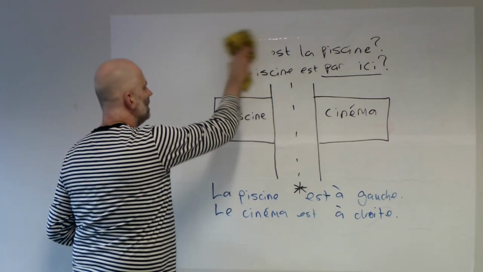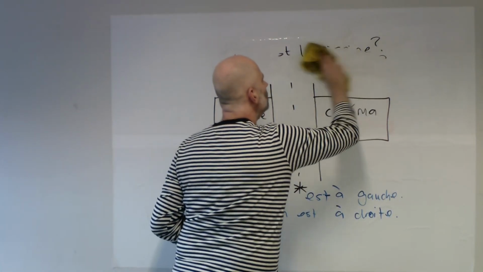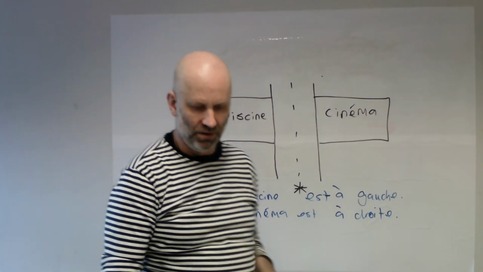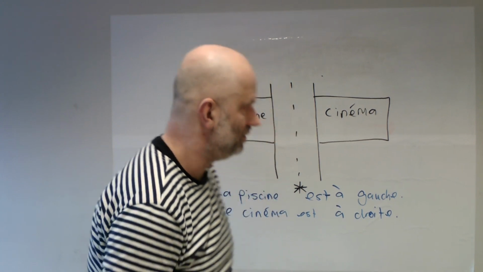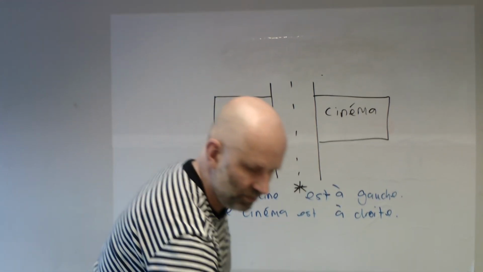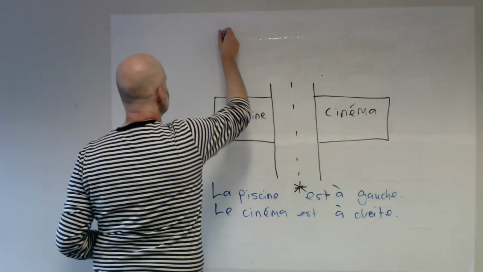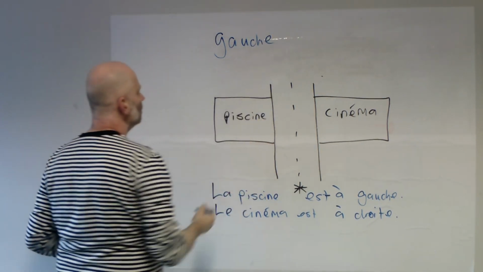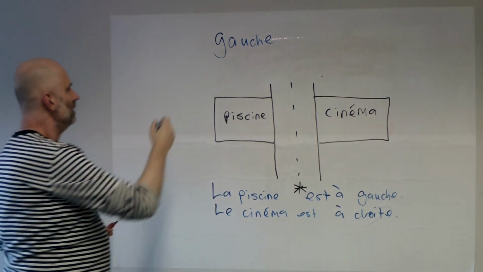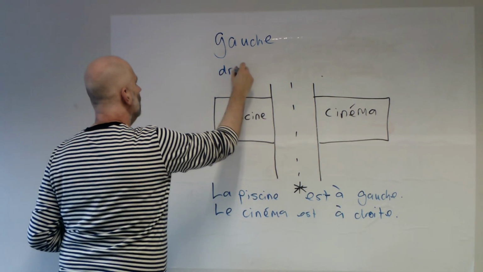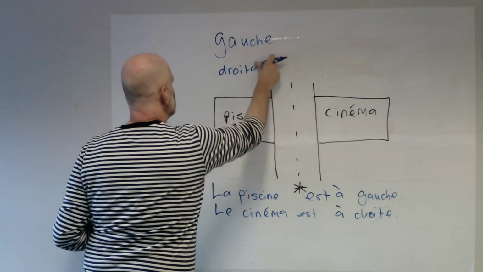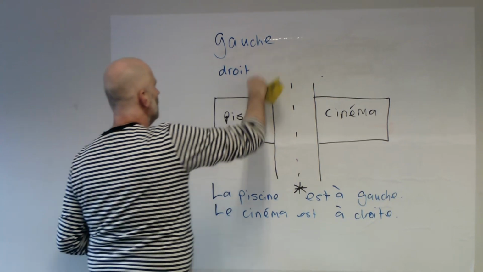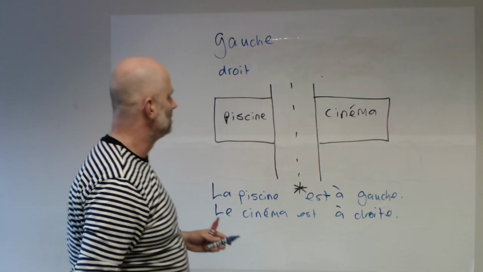So, when we want to say on the left or on the right, we've got the words for left and right. So, if I put over here, so we've got gauche, and gauche means left, and droit means right. Droit. And they're adjectives, so they can be masculine or feminine.